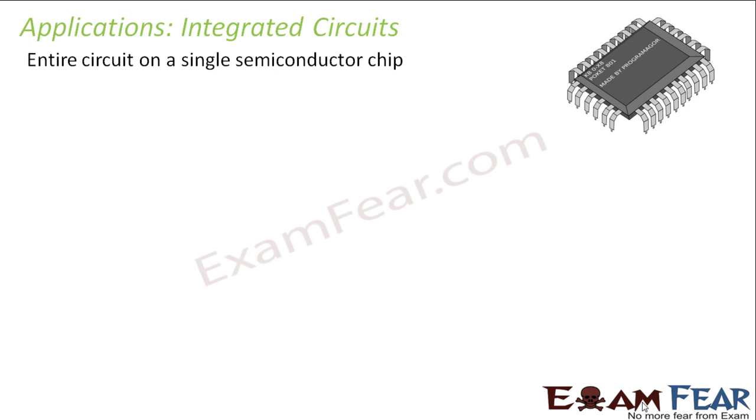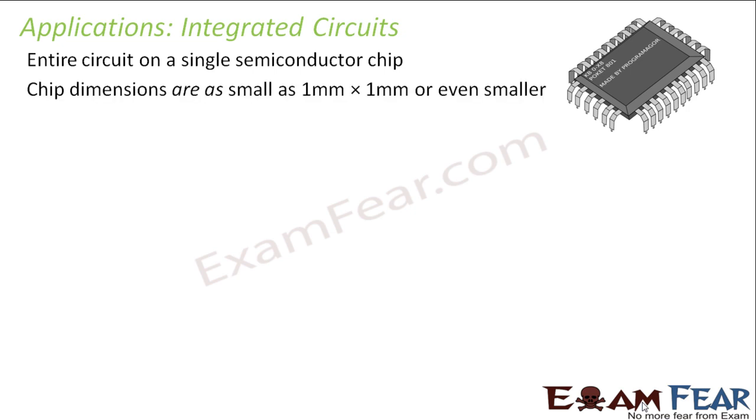Those circuits are generally bulky and large. But these semiconductor chips are extremely small in size, almost in the range of millimeters. On that you have an entire circuit fabricated, so they are called integrated circuits. The chip dimensions are as small as 1 millimeter by 1 millimeter or even smaller than that.